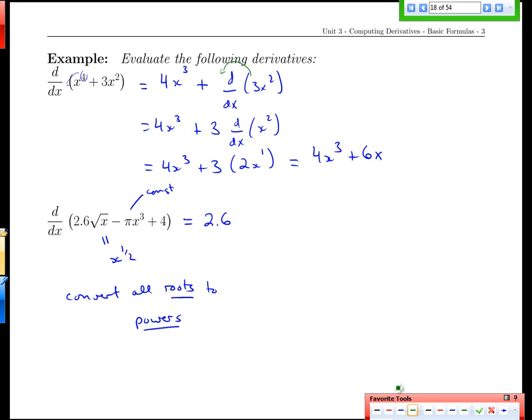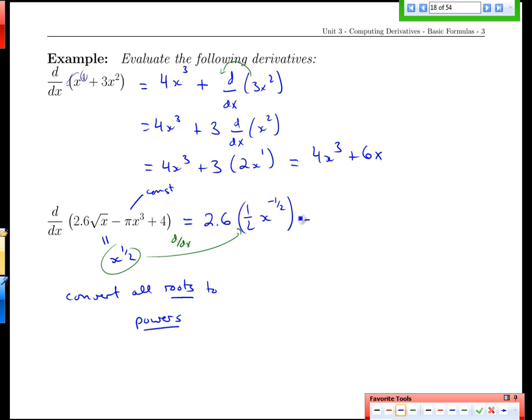Let's do a little side chain. So the derivative of 2.6 something is 2.6 times what we get when we differentiate x to the 1/2. Well, we bring the power down front, and then we get x to the 1/2 minus 1, which will be negative 1/2. And that completes the derivative of the first term.